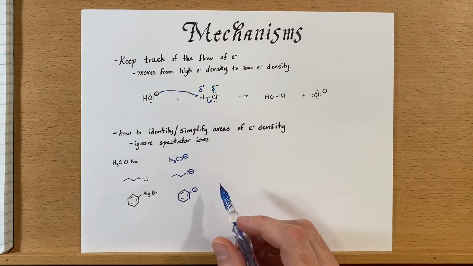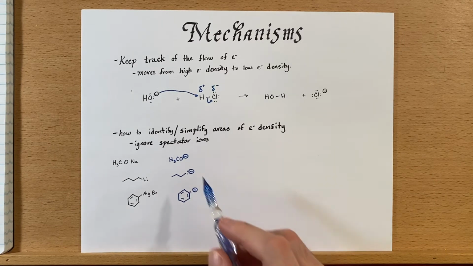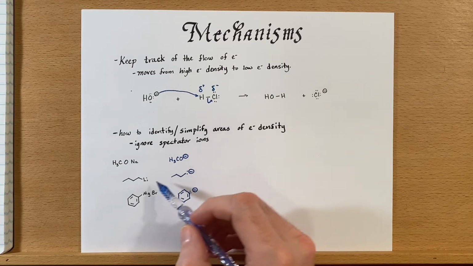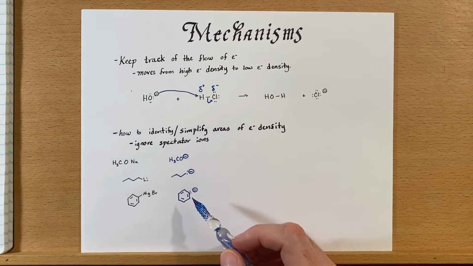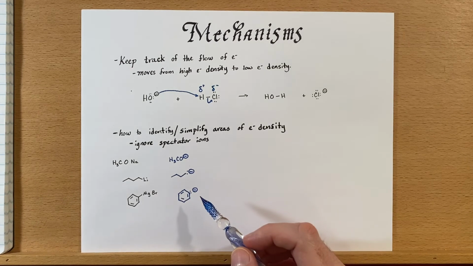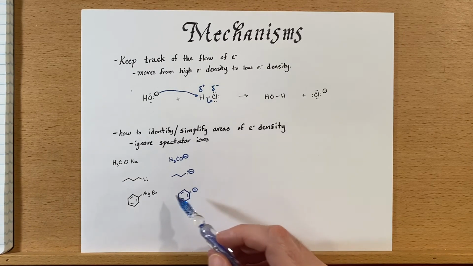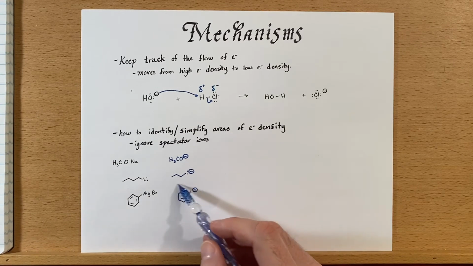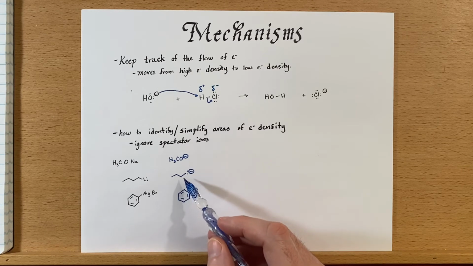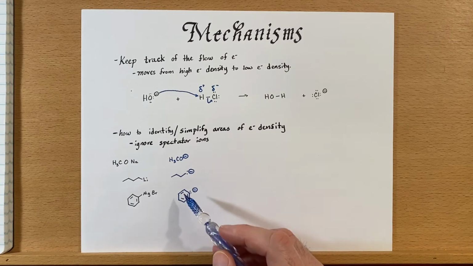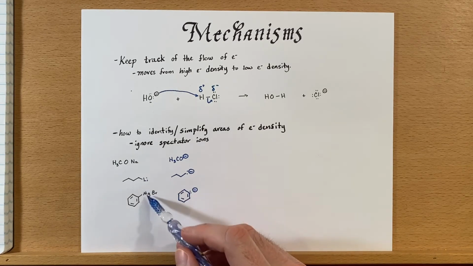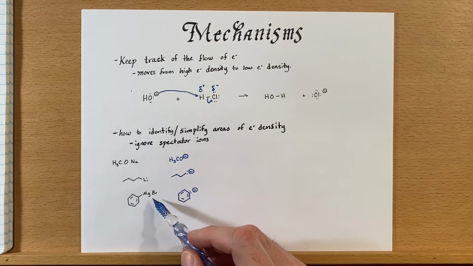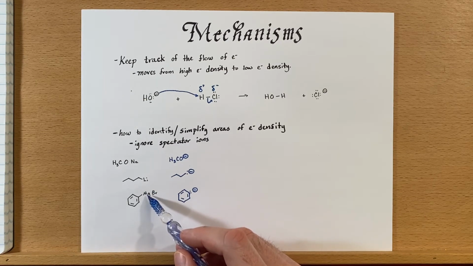Now, just because we're ignoring a lot of the spectator ions often when we're drawing mechanisms does not mean they're not important. In fact, the reactivity between these two species is quite different, and not just because this one is an alkyl chain and this one's aromatic, but mainly due to their organometallic portion, the metal right here or there.